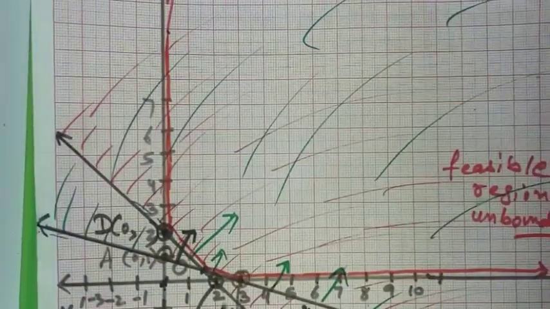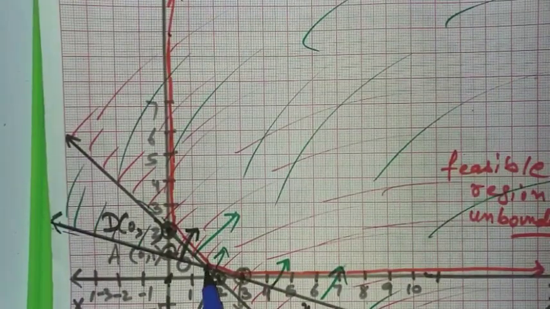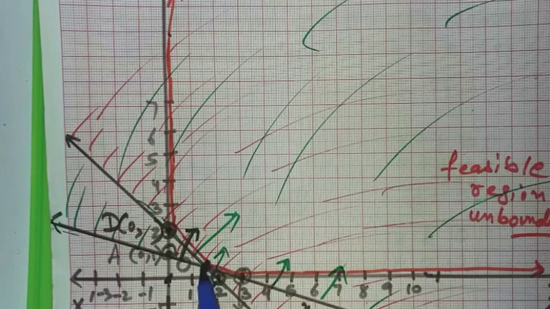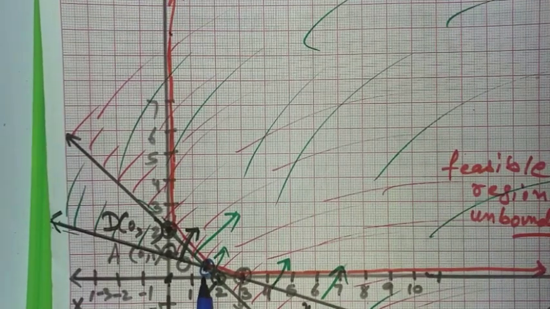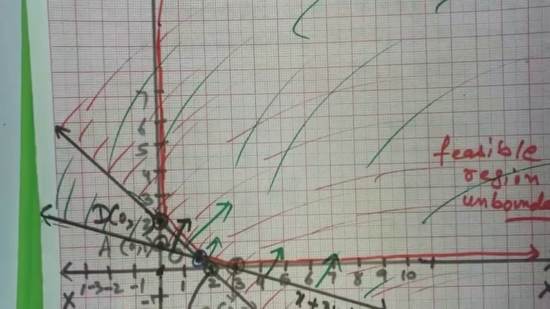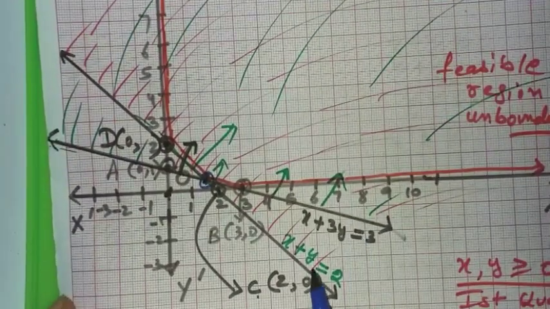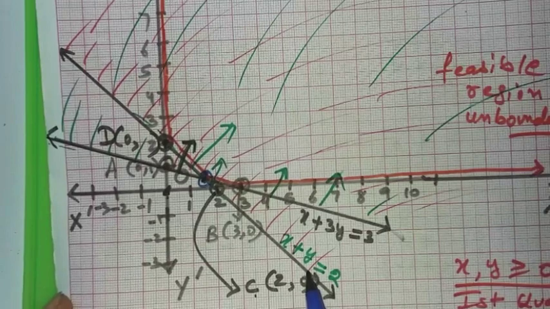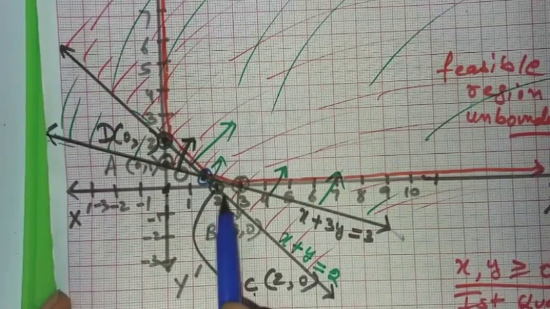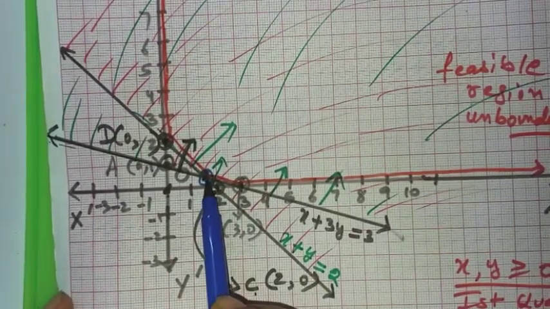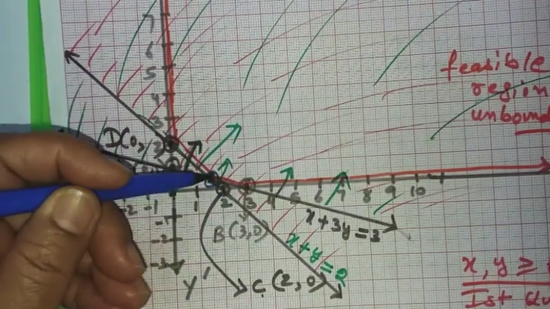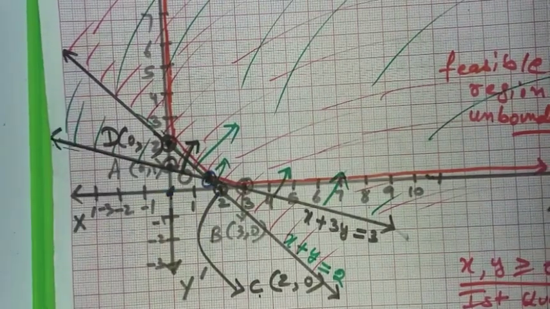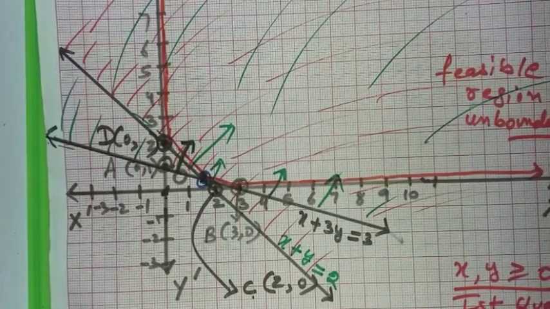And I can see that one corner point is this, and we still don't know the coordinates of this point. So I will find the coordinates of this point by solving these two equations simultaneously by the elimination method, because this is the point of intersection of these two lines. So let me solve these two equations simultaneously.